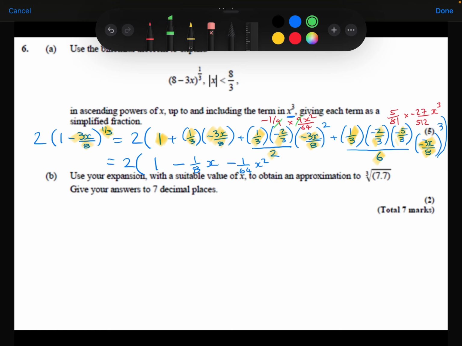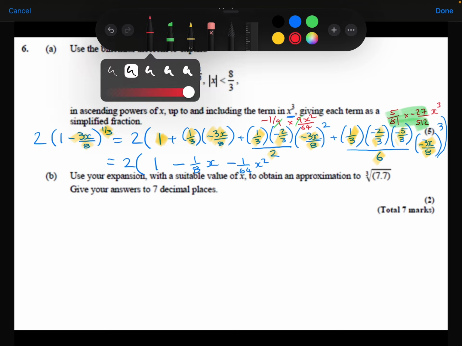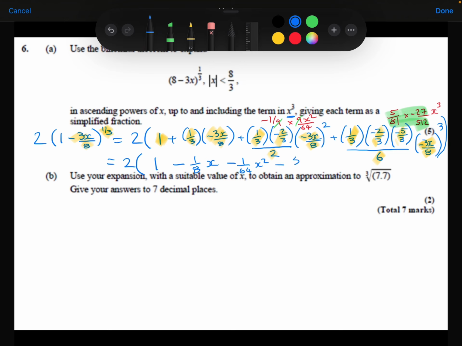Then just simplifying the 5 over 81 times the minus 27 over 512, we'll get minus 5 over 1536 x cubed.